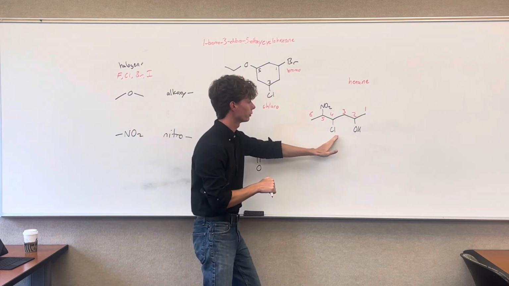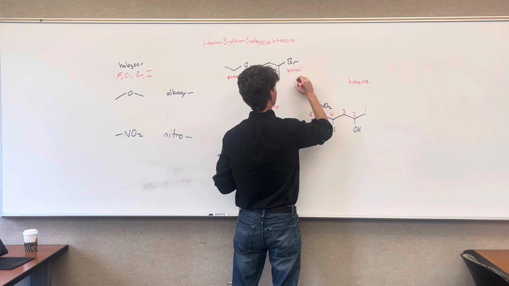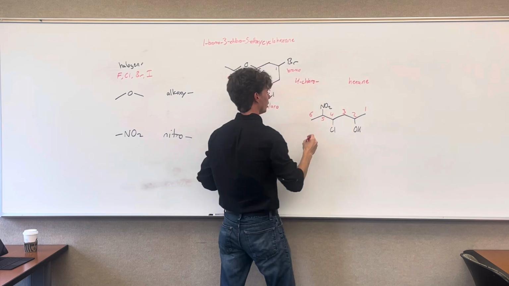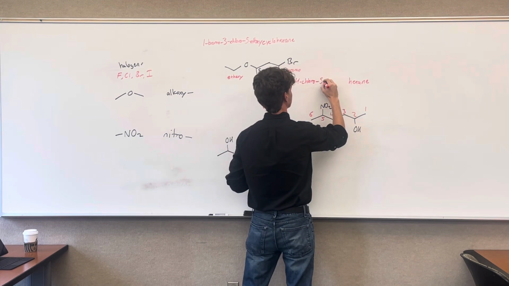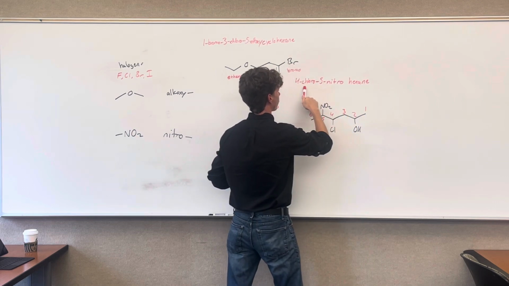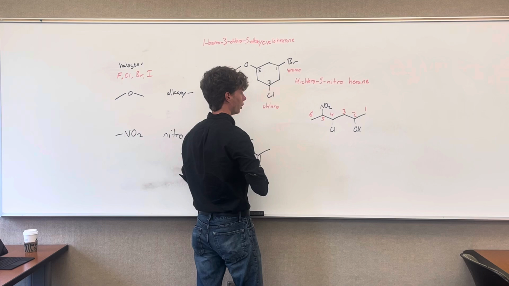Chloro group should come first because C comes before N. So 4C, or 4-chloro, 5-nitro, all one word, 4-chloro, 5-nitro, and then I have my alcohol.